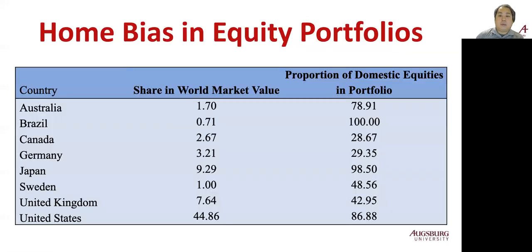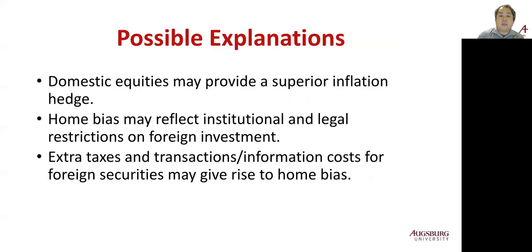So this table actually shows the home bias, and most country funds have pretty heavy weight on their home country. So what are the possible explanations? Domestic equities may provide a superior inflation hedge, right?